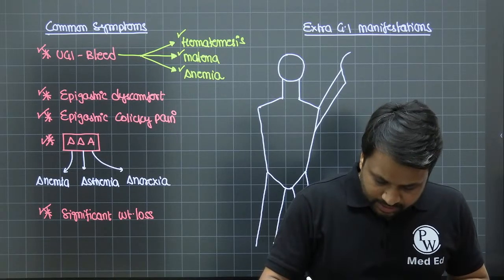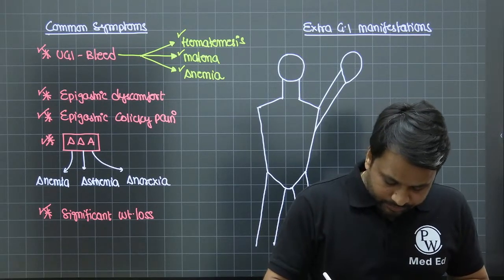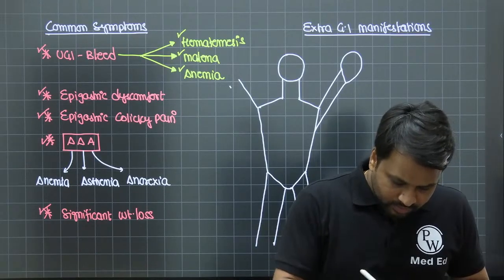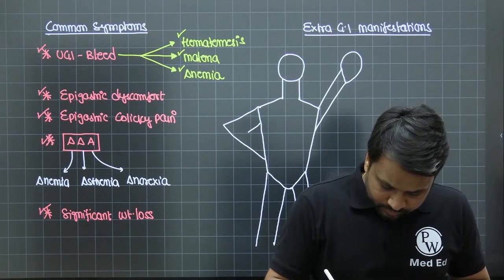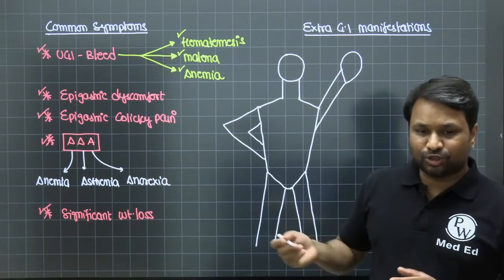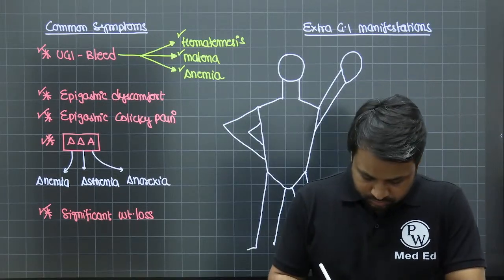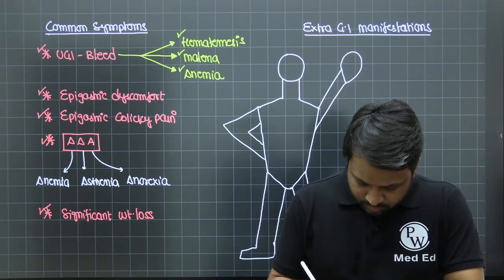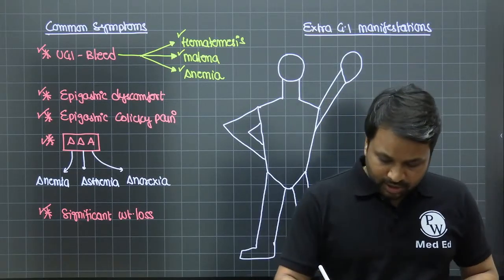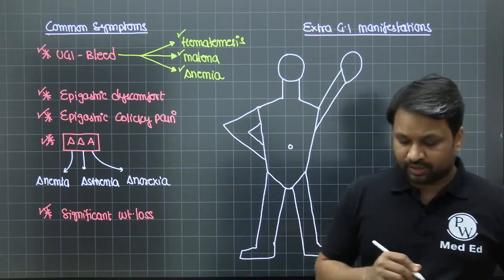Let's make it a little bit fancy. He's putting one hand on it. This is basically our Superman. So, what are the extra-intestinal manifestations that you can have?